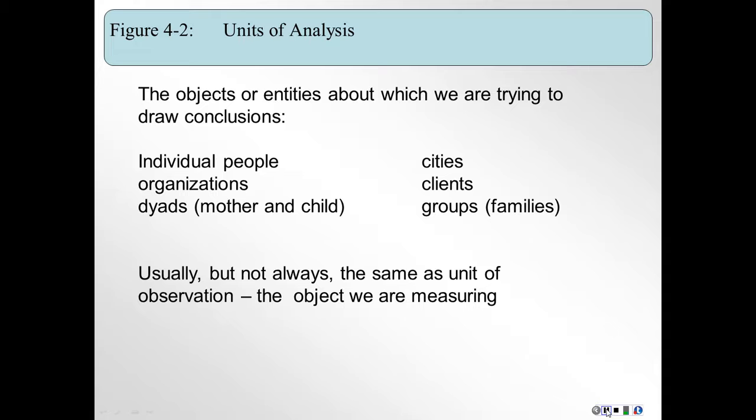The problem is when we go the other way. If we collect data about schools, we cannot always make inferences about individuals. For example, let's say I'm evaluating a program of instruction, and I've implemented the program at a number of different schools.